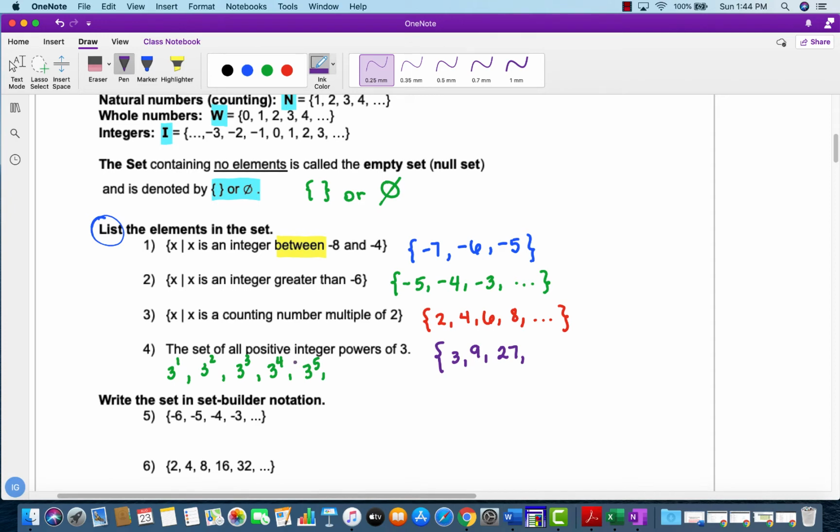So you multiply the base times itself this number of times. The exponent tells you how many times you're going to multiply 3. So it's 3 times 3 times 3 times 3, 4 times in this case. That will give you 81. And it looks like it keeps going forever and ever, so we put 3 dots at the end to indicate that this keeps going.